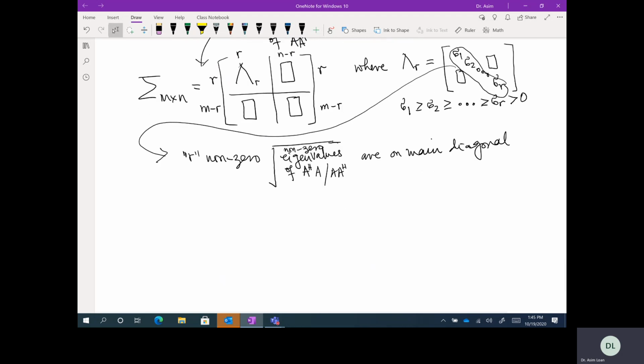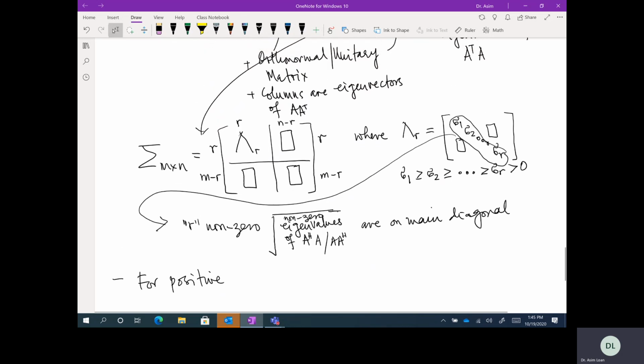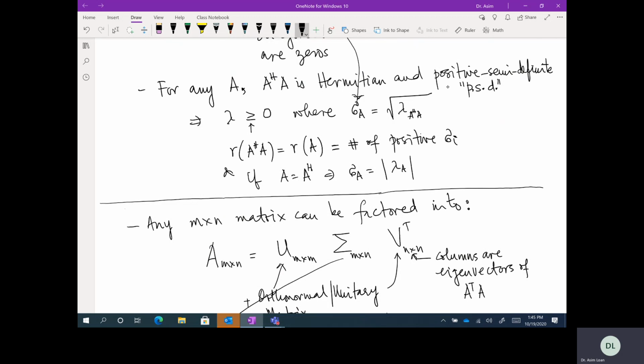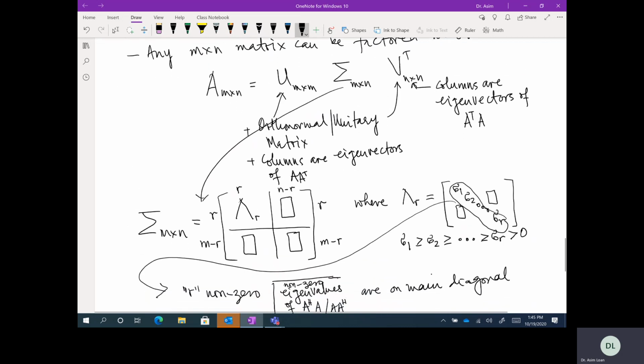Okay. And for positive definite matrices, there is no zero, so this is the difference between positive definite and positive semi-definite. Positive semi-definite can have eigenvalues that are zero, which means the inverse is not possible.